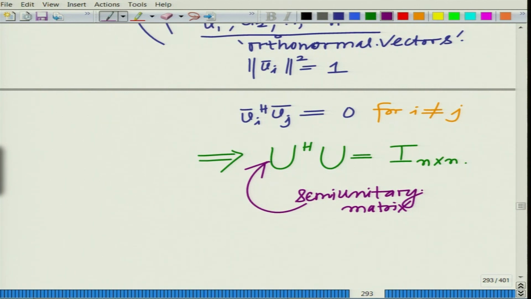So, the matrix U contains orthonormal columns u1 bar, u2 bar, un bar, such that the norm of each ui square is unity, and ui bar Hermitian uj bar equal to 0 if i is not equal to j, and therefore the matrix U Hermitian U is identity.